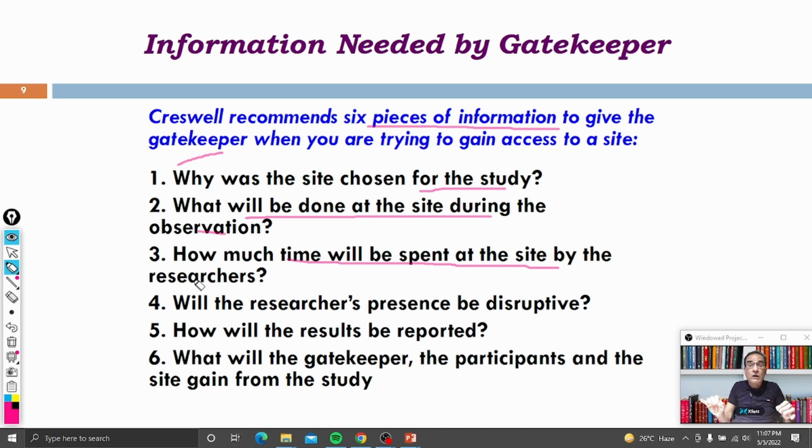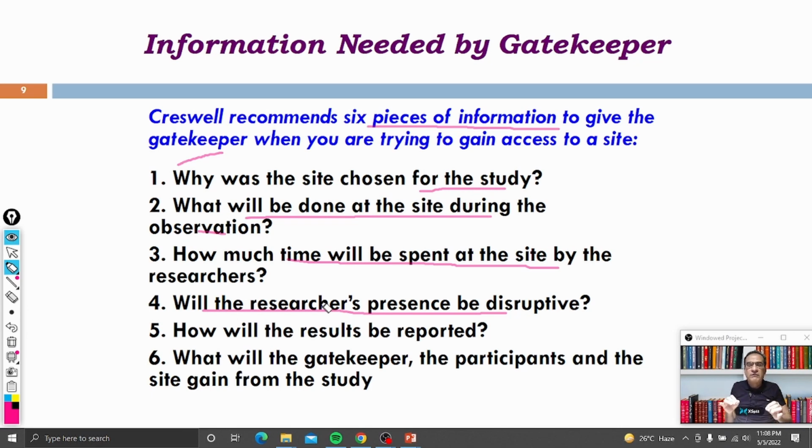I mean, you will spend a few days, a few months, or a few years in the research. How much will the researcher's presence affect the site? So he will ask about the activity of the organization.